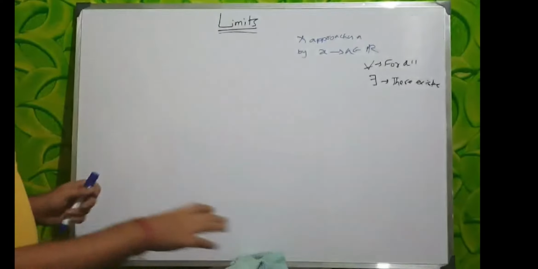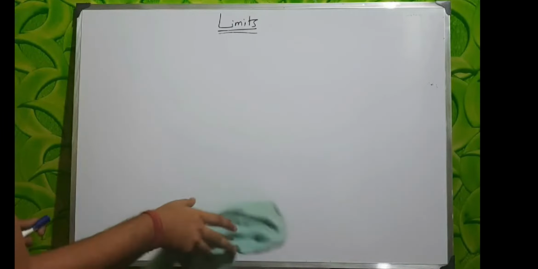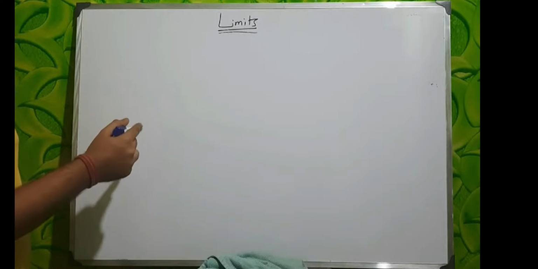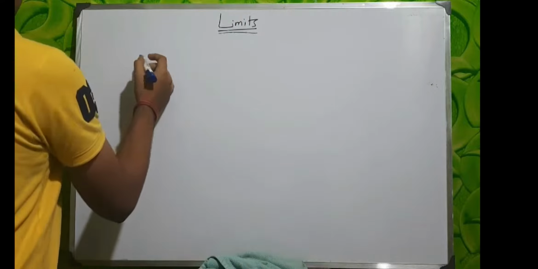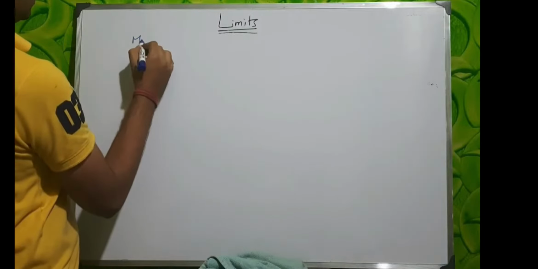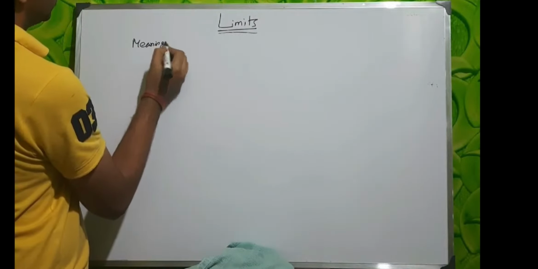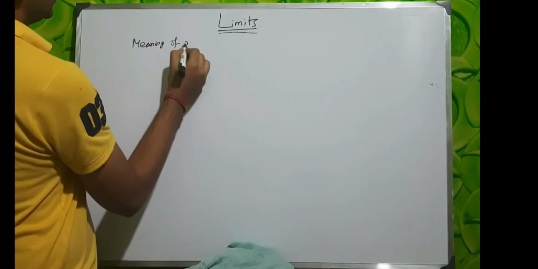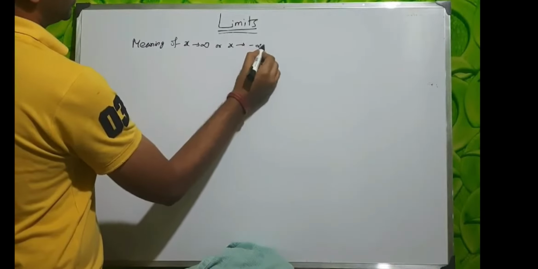Now there is a bigger concept which I am trying to say. So what do we mean when we say x tends to infinity or x tends to minus infinity?